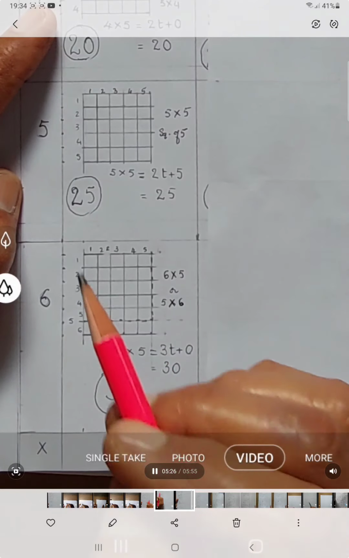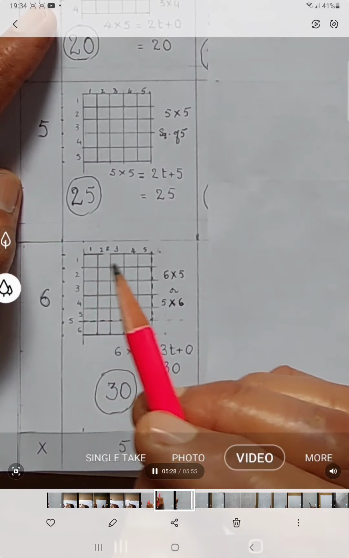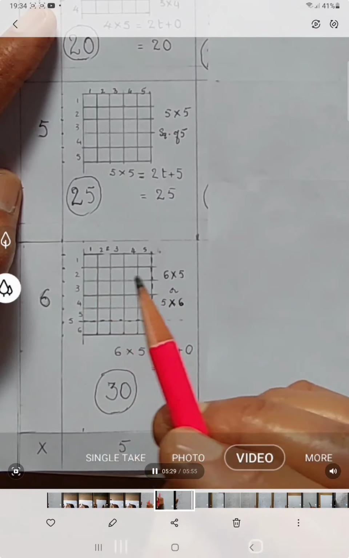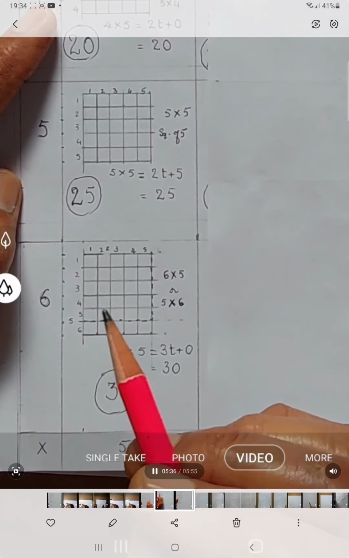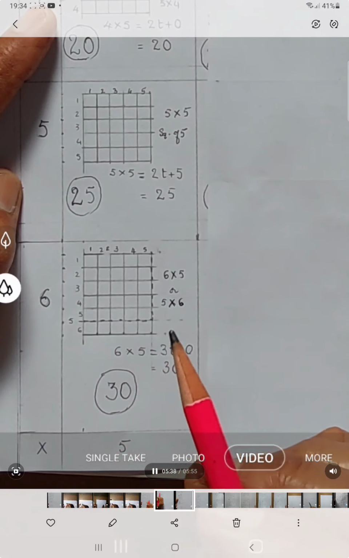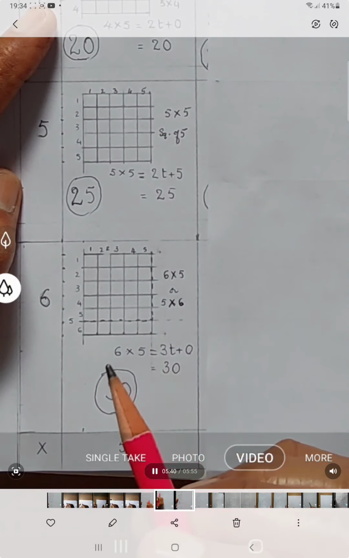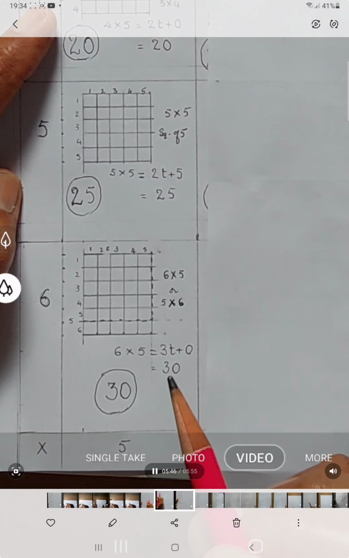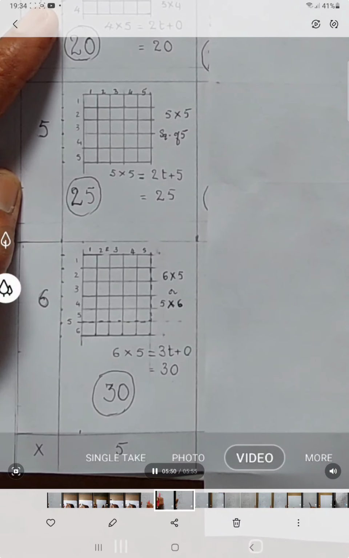And 6 times 5 we count like this. The first two 5s give us 1 ten. The second two 5s give the second 10. And the last two 5s give us the third 10. So 6 times 5 is 3 tens and 0 or nothing, or 30. 3 tens and nothing.